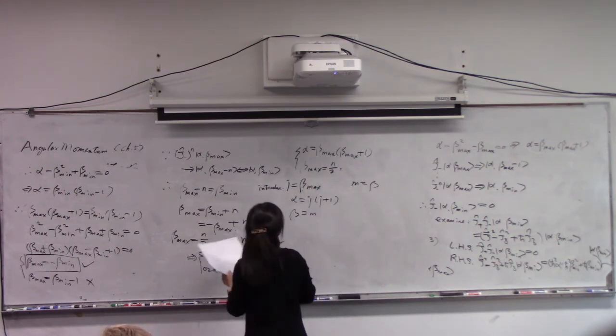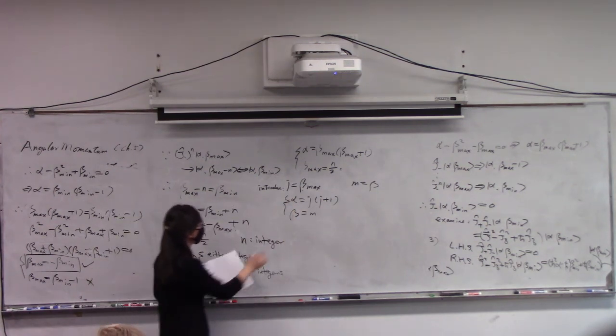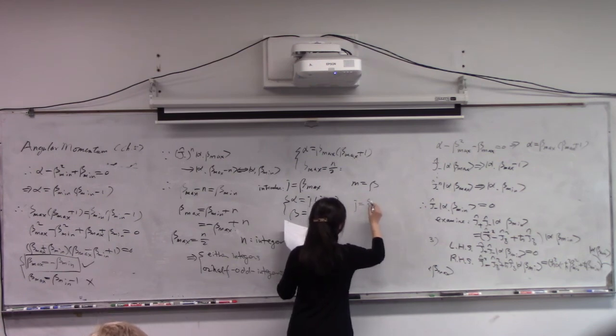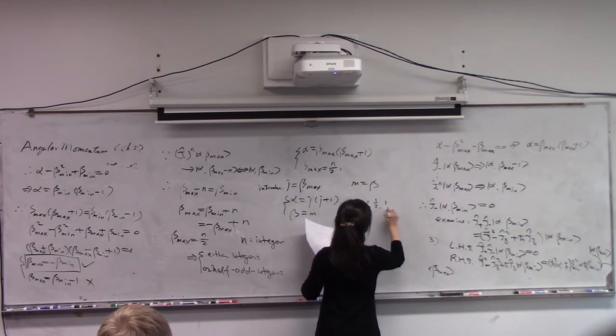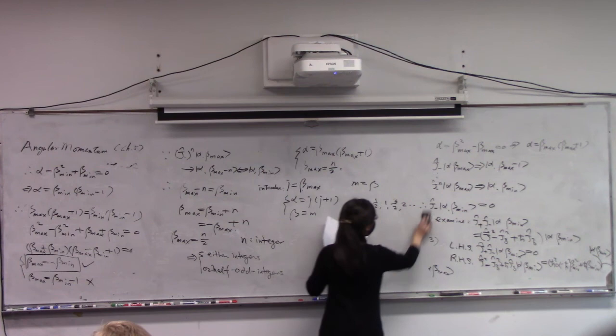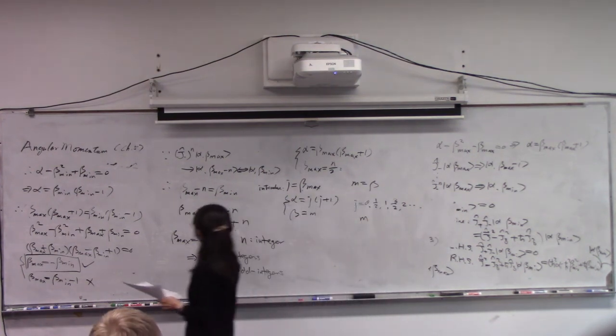Okay. So now, instead of using alpha and beta, we are going to use J and M as quantum numbers. J can be either 0, half, 1, 3 halves, 2, and all these allowed numbers. And what is the allowed M?